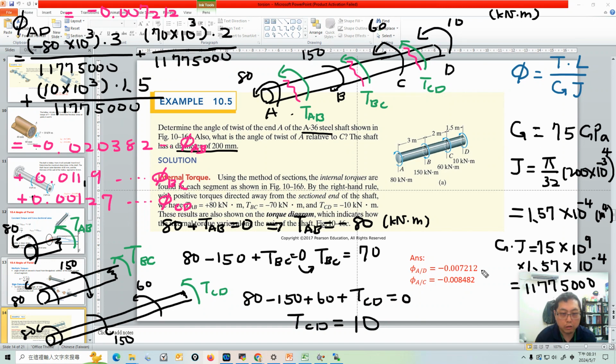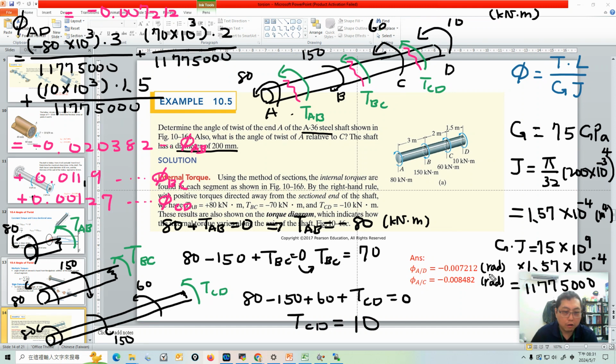The unit is radian, but radian has no unit. You have to keep this in mind. I know the sentence is very weird: the unit is radian, but radian has no unit. You know what I mean.